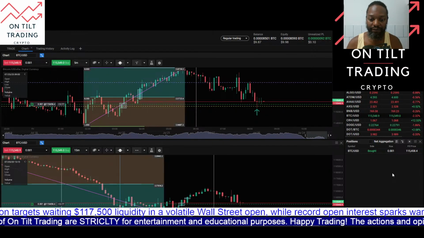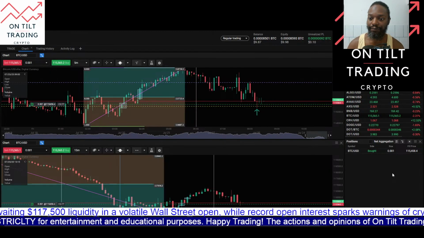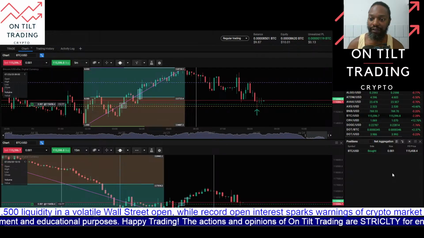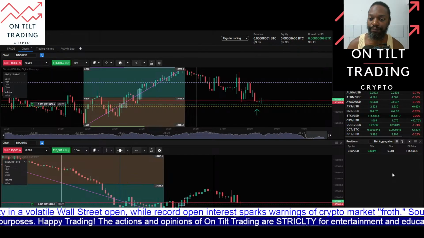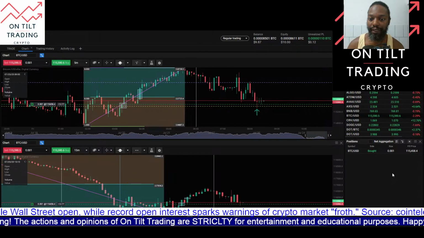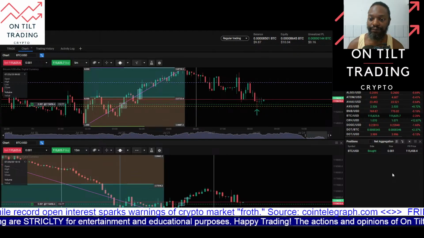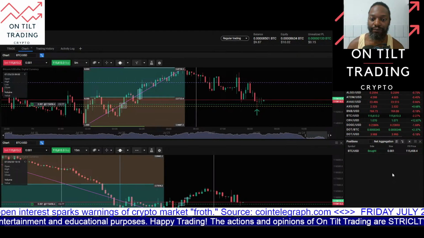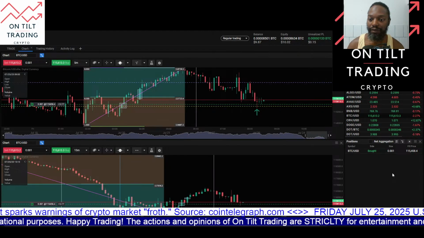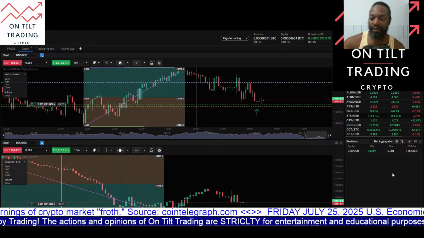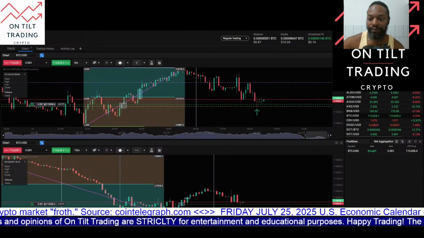New 5 and 15-minute candles. 115,580, 115,600. Getting some buy side here initially. 115,620. Interested to see if there is a breakout of this kind of flat top level that's been forming here.